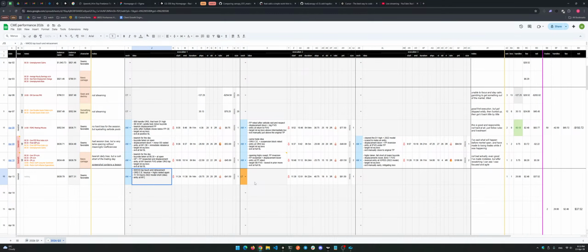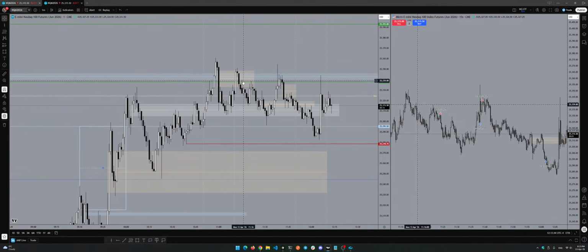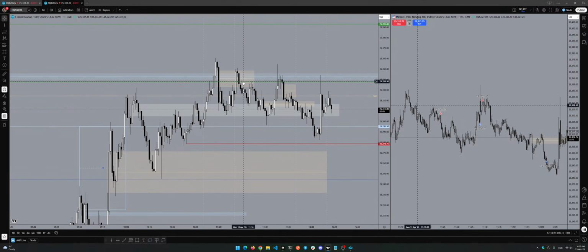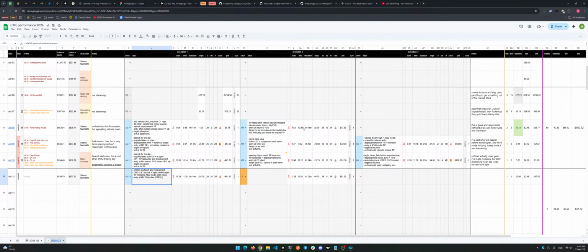Entry at M1 FVG after EOF institutional order flow entry drill, which is this one, and monitor model.